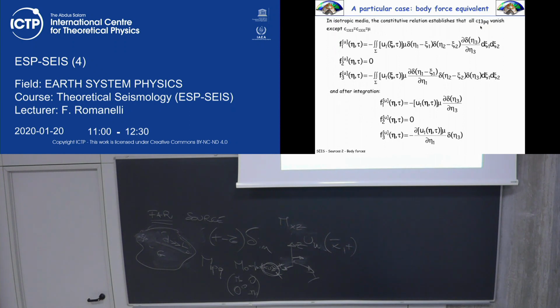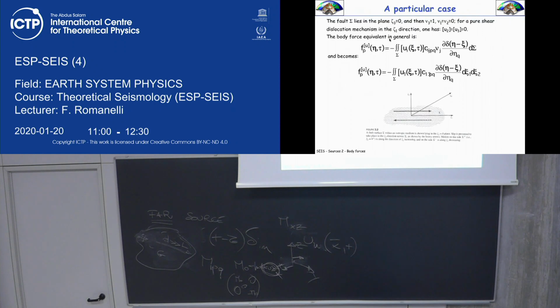This means that all the terms of C_ijpq vanish because it's isotropic, pure shear dislocation, and so on. Just two are left. 1 3 and 3 1, with the first two fixed, because remember, 1 and 3. Remember here? Yes, ijpq.